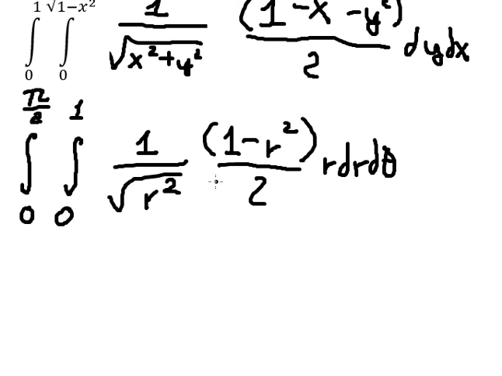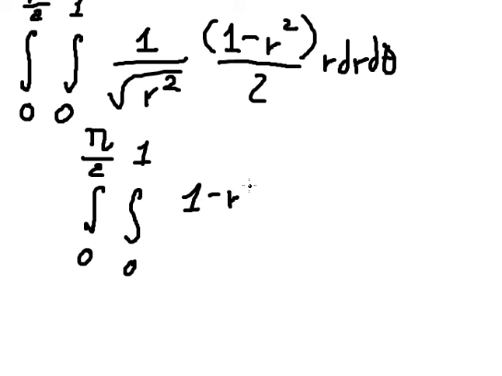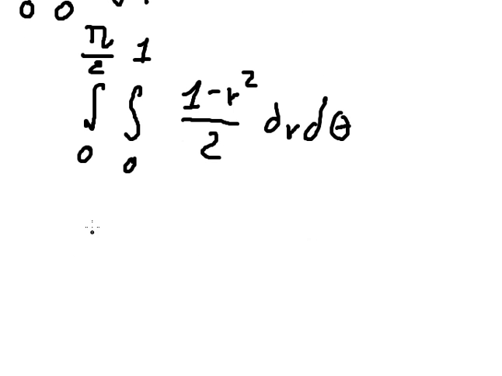Now we need to calculate this one. This one we have r, this one we have r. So we simplify this one and this one. And now we just have like this. So we calculate this one and we have like this. 1 over 2 we have r over 2.